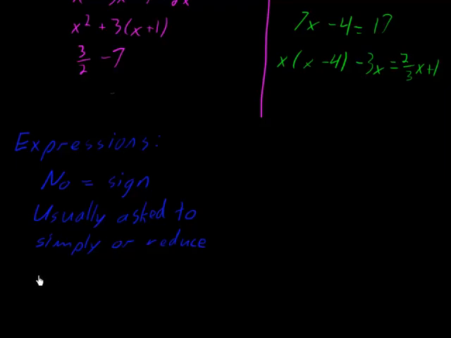And then if you have a variable in your expression, like this x up here, what that represents is sort of like a placeholder, or it could be an arbitrary number.